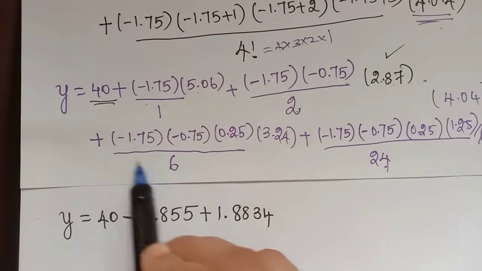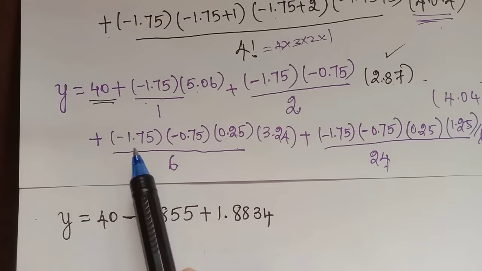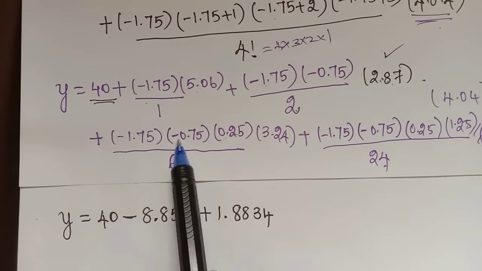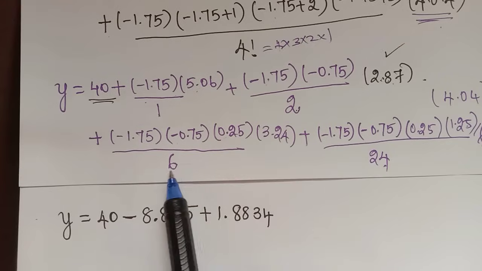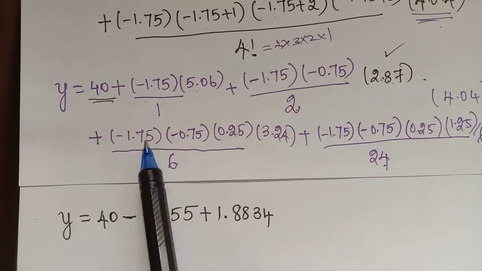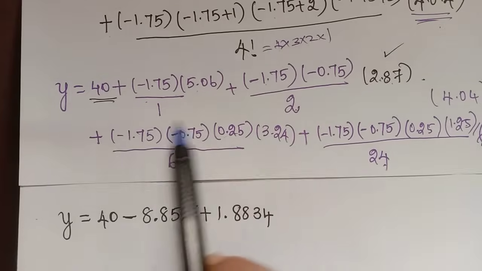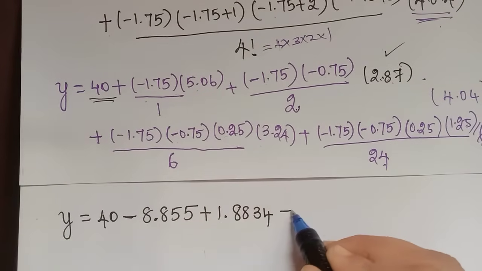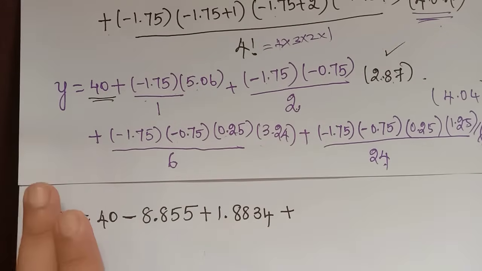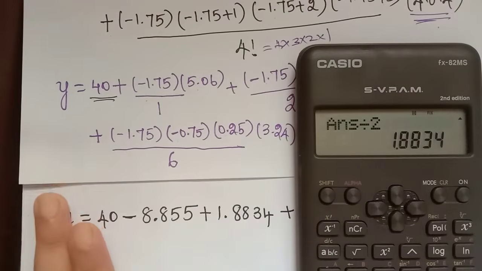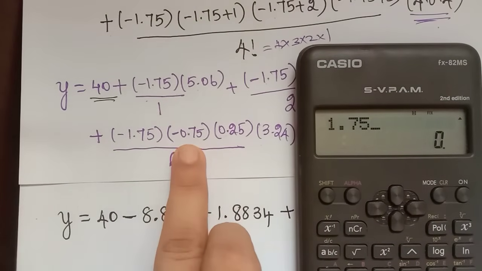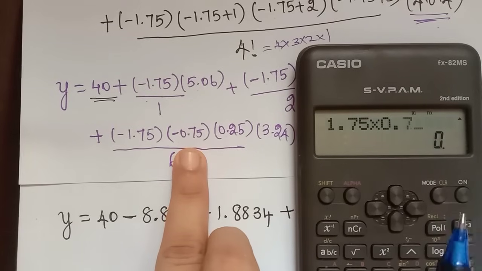Next we have to calculate this. So first we will calculate the sign. So positive, minus, minus. So minus into minus, plus. All other things are plus only. So there is no negative sign for this. So minus into minus has become plus. So the whole term becomes positive. So plus. Now we will multiply the numbers. That is, the first number is 1.75. So 1.75, okay, and then that is multiplied with 0.75.